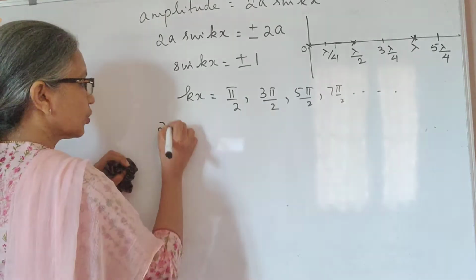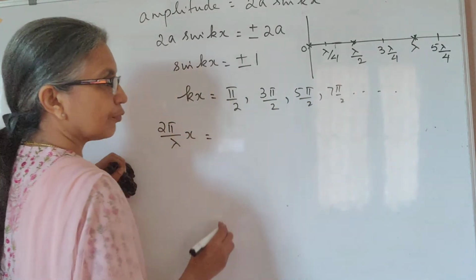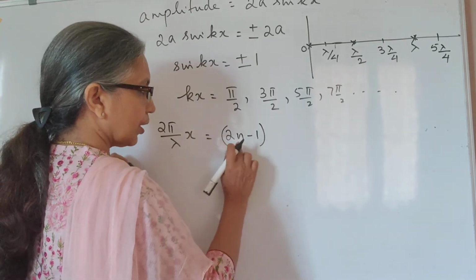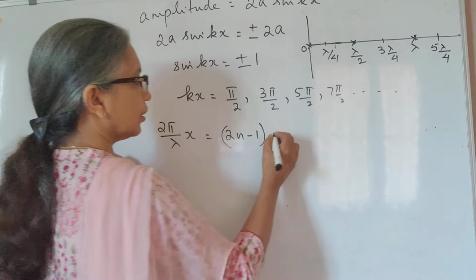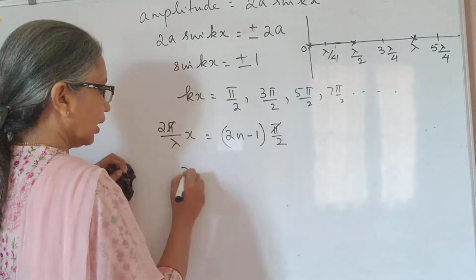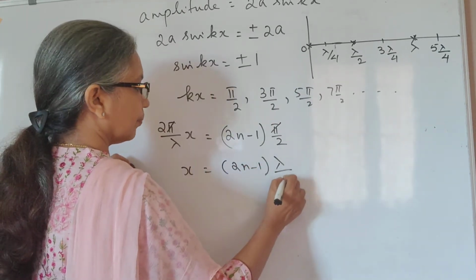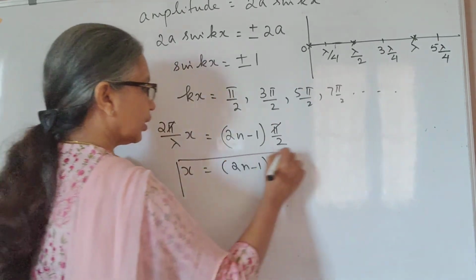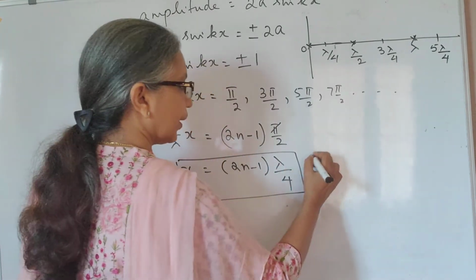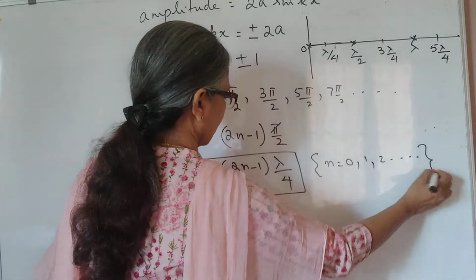Or, k is 2 pi by lambda, x can be odd multiples of pi by 2. So (2n minus 1), this is an even number minus 1 gives you an odd number, pi by 2. Or I can cancel this and write x is equal to (2n minus 1) lambda by 4, and these will give you positions of antinodes where n can take values 0, 1, 2 and so on.